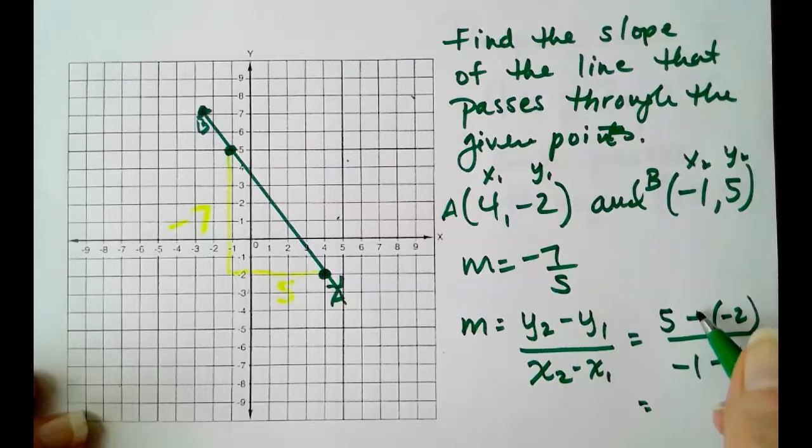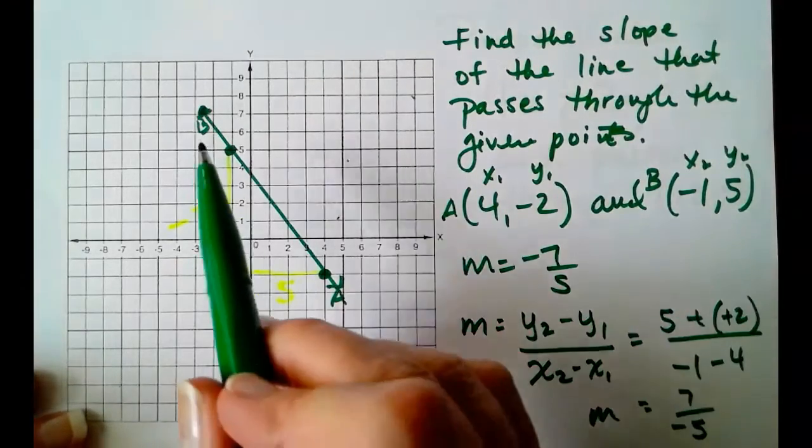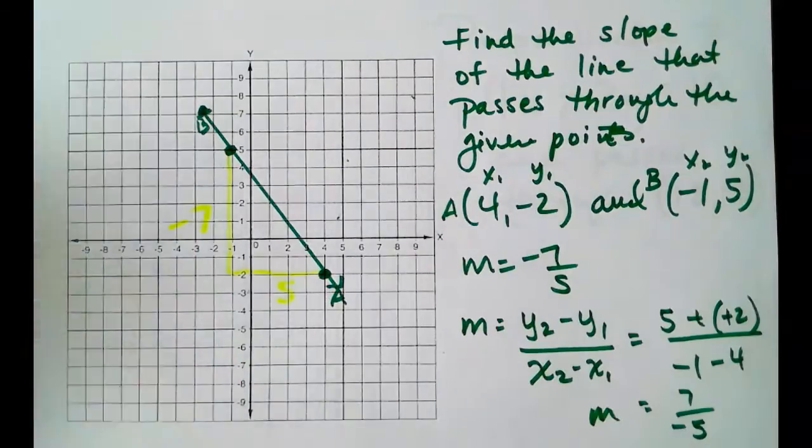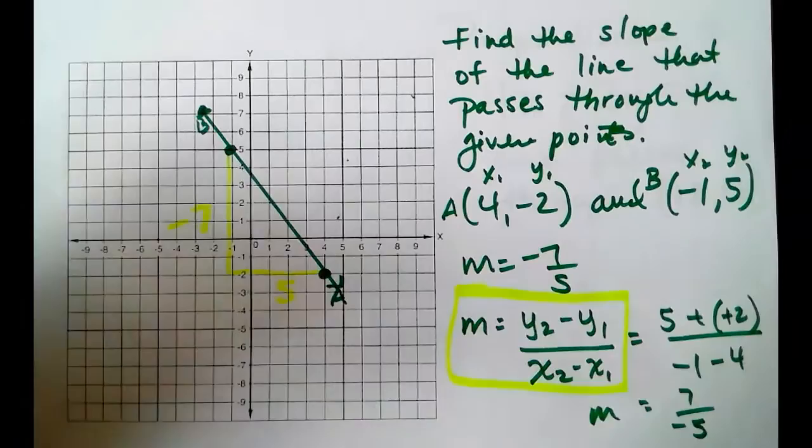So 5 minus negative 2 is 7. Negative 1 minus 4 is negative 5. Negative 7 over 5, 7 over negative 5, exactly the same thing. So this line has a slope of negative 7/5, whether we count the rise over the run or use the slope formula.